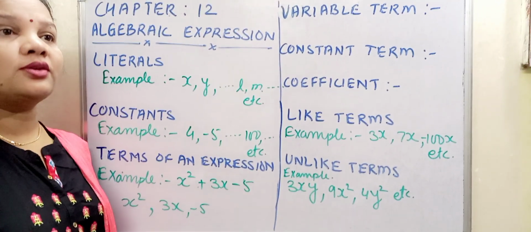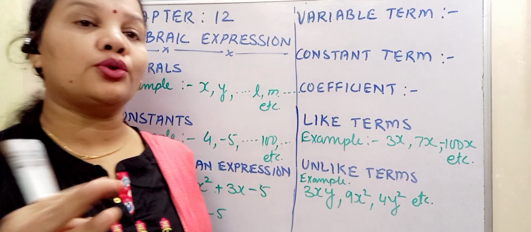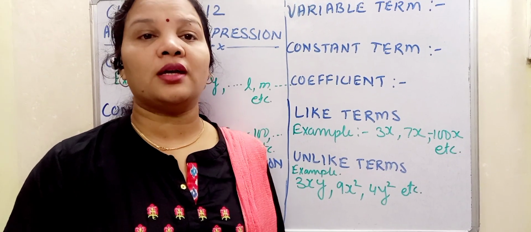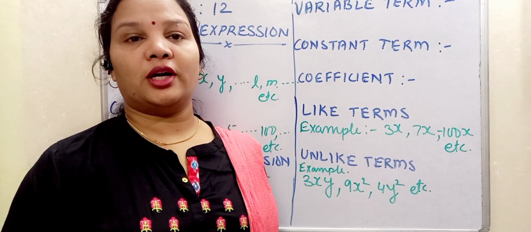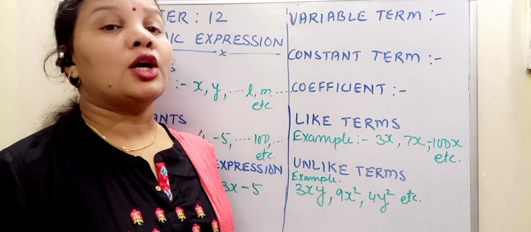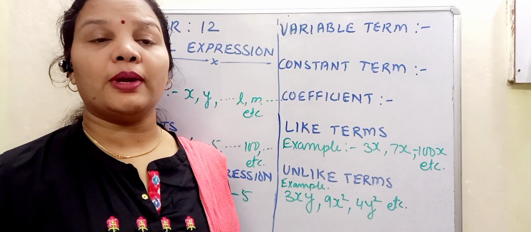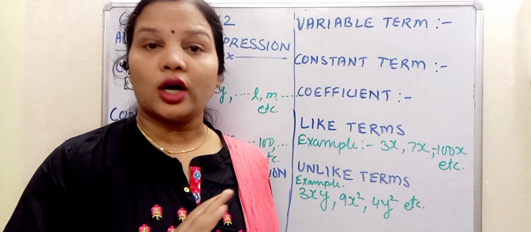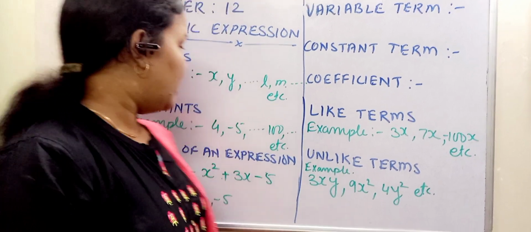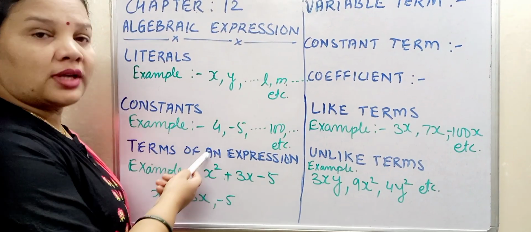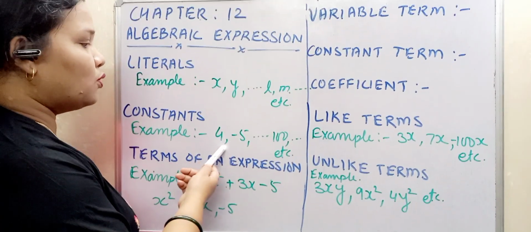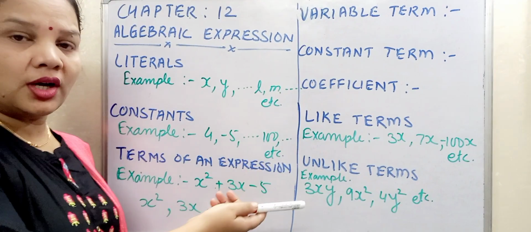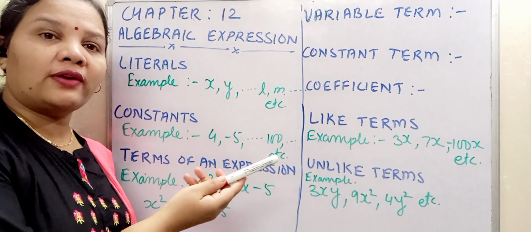Okay, and our next term is constants. Constant means that in our algebraic expressions we are using some numerical values, numerical quantities. These numerical quantities are known as constants. Why is it constant? Because the values are fixed, they are not going to change. Suppose I am taking some examples: 4, minus 5, 100, etc. You can see that 4 is 4 for every condition.